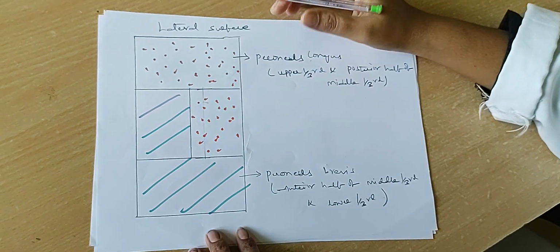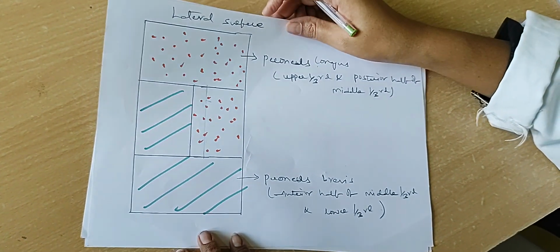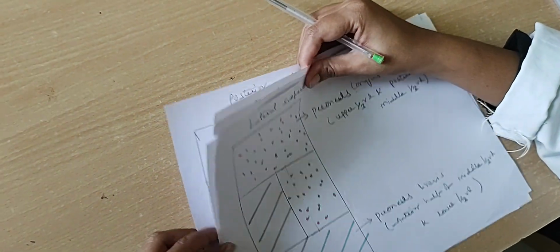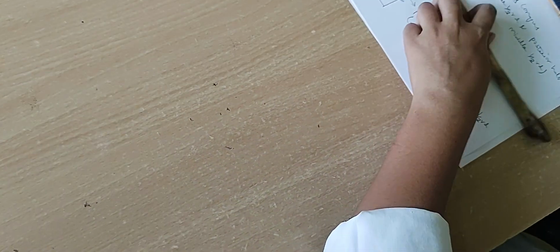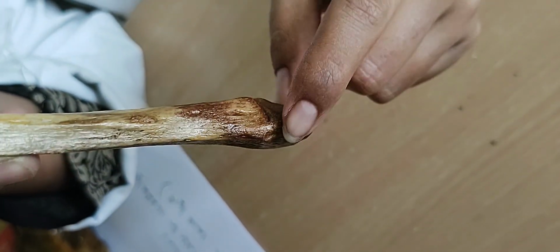So these are the muscular attachments for the medial surface, lateral surface and the posterior surface. All of you clear? Next, coming to the lower end.